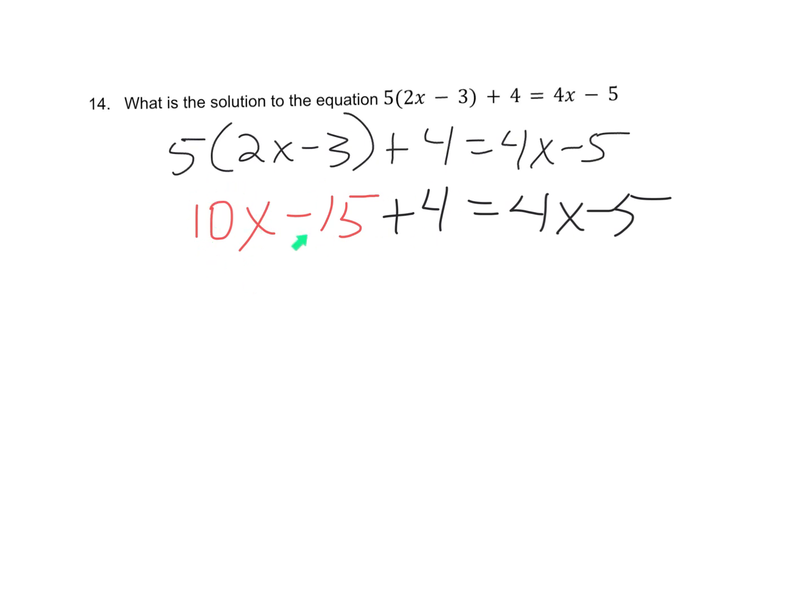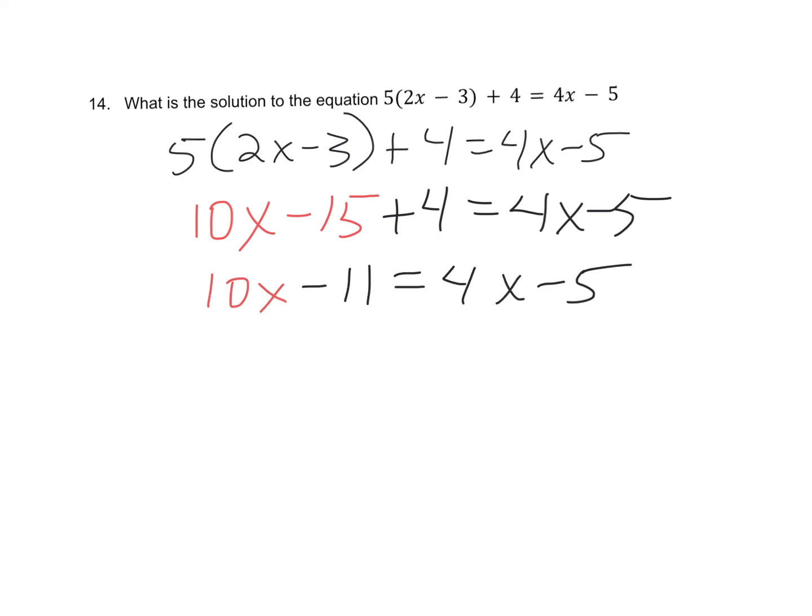We're going to get our constants together. Over here, we have a negative 15 and a plus 4. So I'm going to go ahead and combine those like terms. We're going to end up with an equation that says 10x, and then minus 15 plus 4 is actually minus 11. And that's going to now equal 4x minus 5.